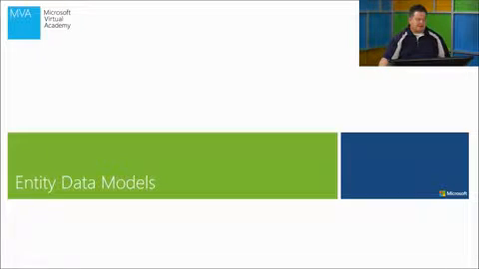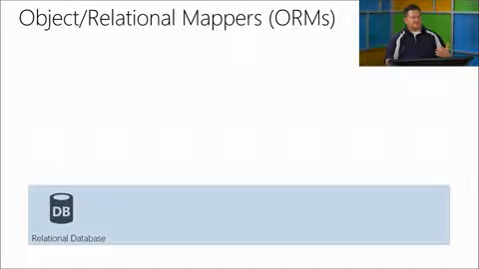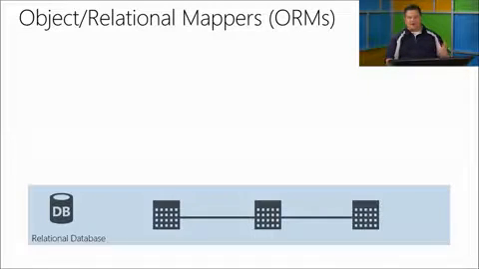So, starting out with entity data models. As Bruno was mentioning, NHibernate, and prior to this we had LINQ to SQL, and tons of other ones out there, these object relational mappers. The idea here is that, back somewhere in our infrastructure, we've got a relational database that has our tables and relationships and all that kind of stuff sitting in it.